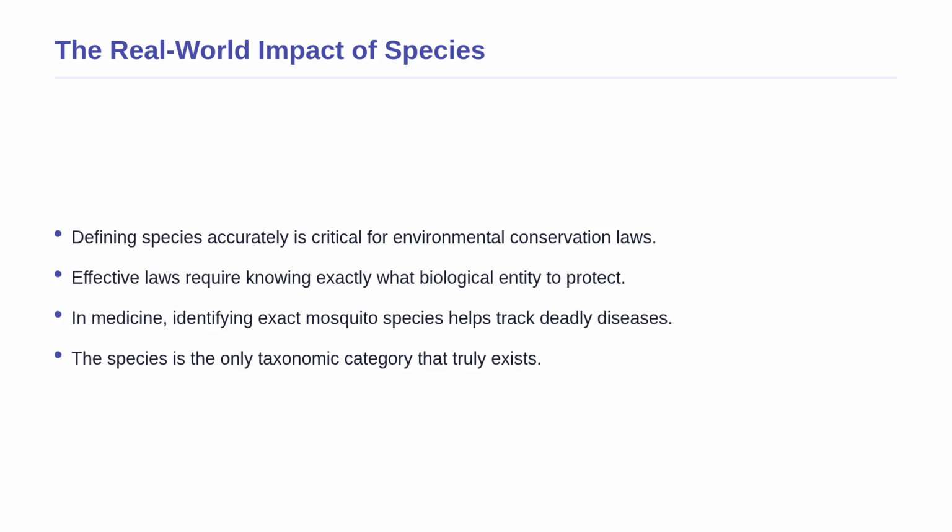In medicine, knowing the exact species of a mosquito helps us understand if it carries deadly diseases like malaria, which directly saves human lives. Furthermore, the species is the only taxonomic category that actually exists as a real, interacting biological entity in nature, making it the absolute foundation for studying evolution.